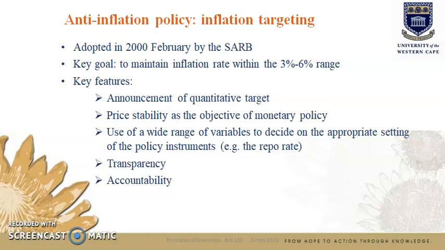Secondly, the acceptance by government officials that the main objective of monetary policy is price stability, together with the central bank's operational independence. Thirdly, the adoption of a wide range of variables to assist the decision-making process when appropriately setting the policy instrument. Fourthly, transparency. And lastly, accountability.